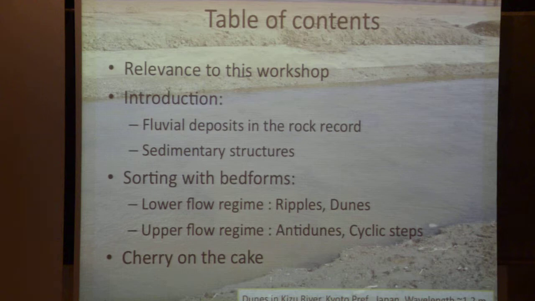So this is the table of contents of this talk. I will introduce first fluvial deposits as an example of strata, and then talk about the sorting with bed forms.